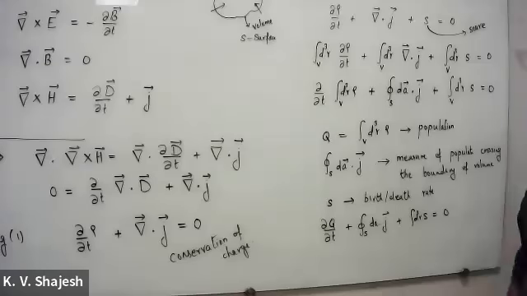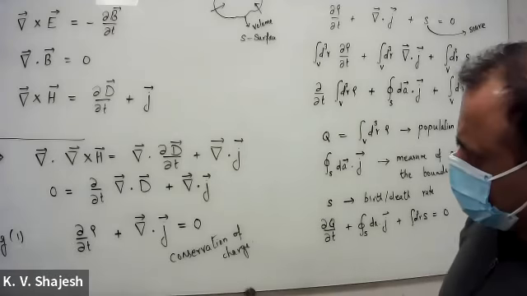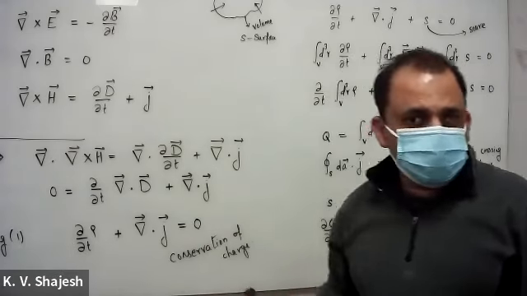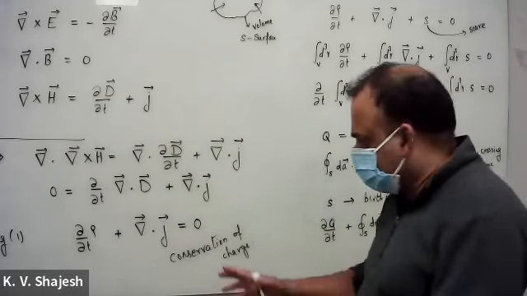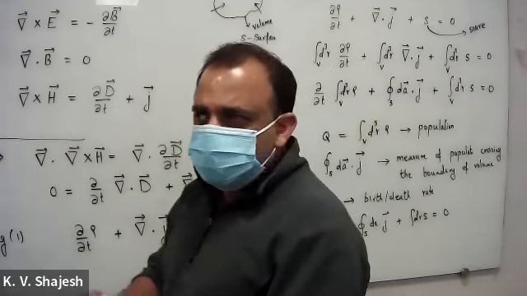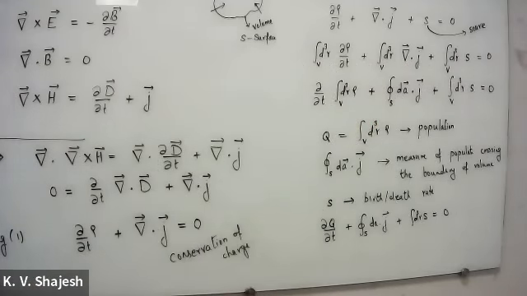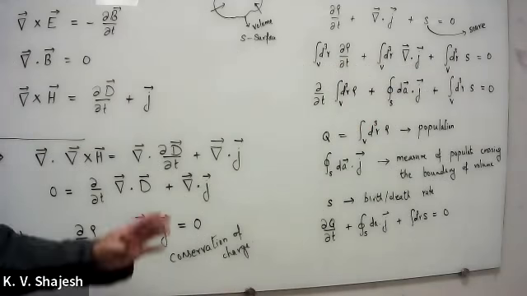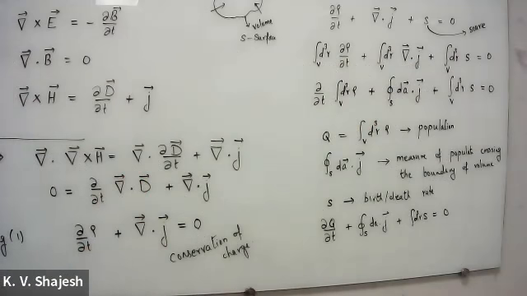And that's coming from this interpretation. Any questions here? And we will do more of these things. This is now conservation of charge. We'll talk about conservation of energy, conservation of momentum, conservation of angular momentum; similar things can come out of these.